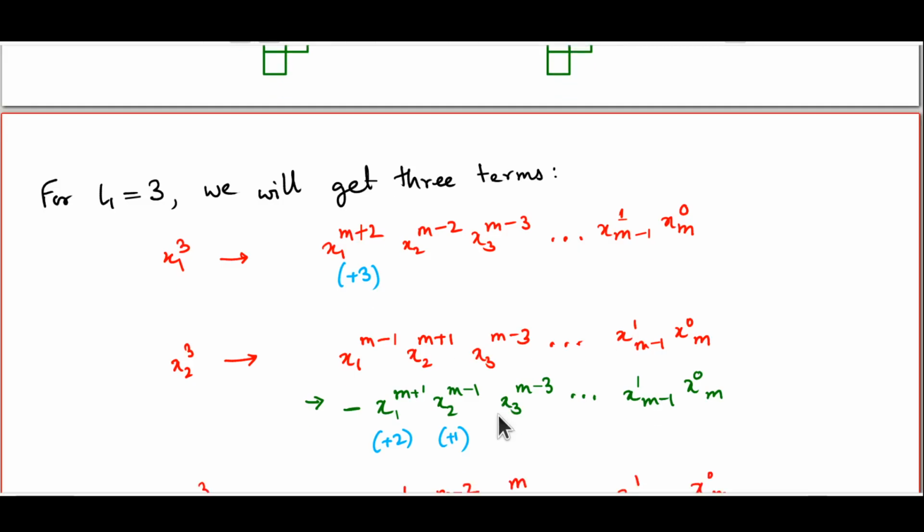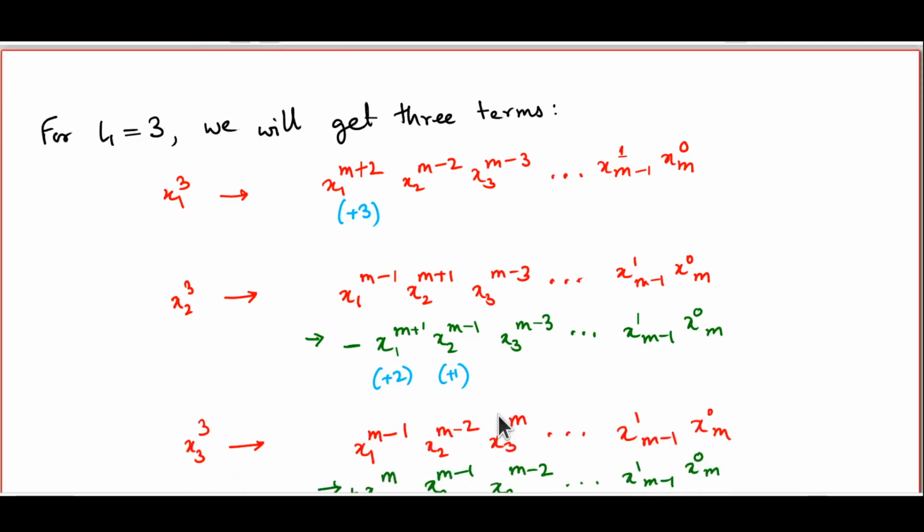Now, in this case, you could multiply by x1 cube, that would give you x1 to the m plus 2. All the other powers will be different, so there's no problem there. You could also multiply by x2 cube, which will make the power of x2 overshoot the power of x1, ending up becoming x2 to the power m plus 1. And here, this is again in the wrong order.